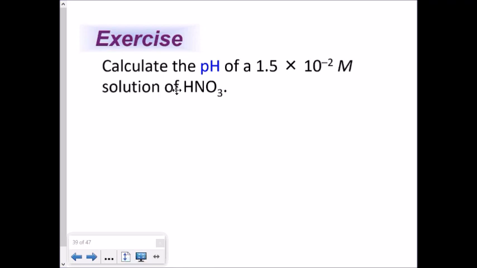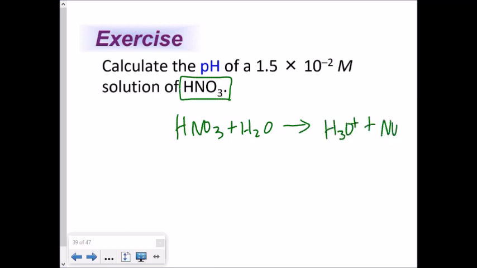Now here, once again, these ones seem like they should be super easy, not a problem. We have nitric acid here. Nitric is a strong acid. Nitric is going to react with the water, also going to completion, giving you hydronium and nitrate as our conjugate base. So, major species. Now I don't really have to consider the self-ionization of water, because if I'm looking here, once again, 10 to the minus 2 is going to be in the lower part of the pH scale.